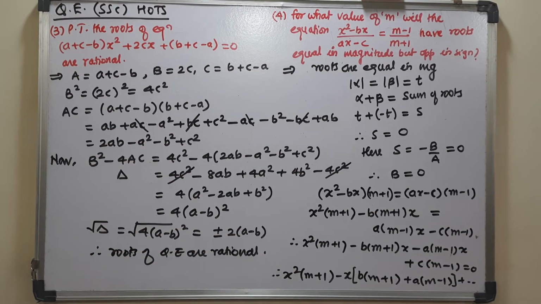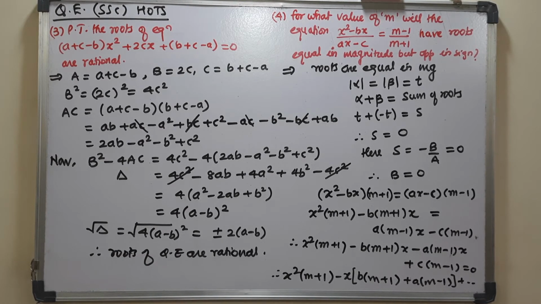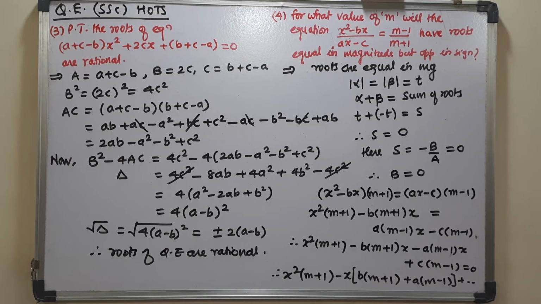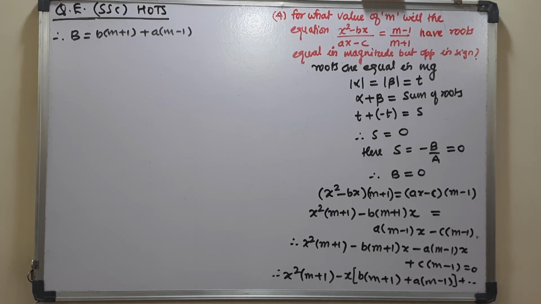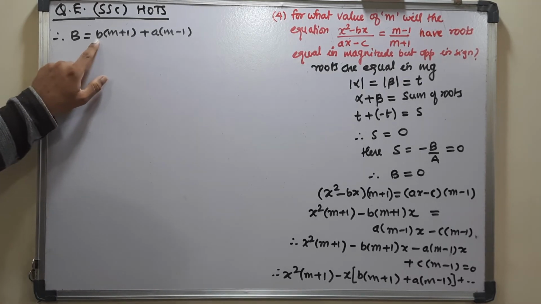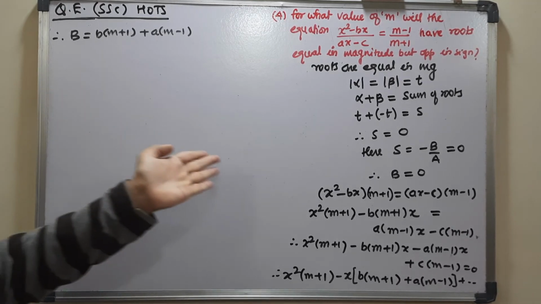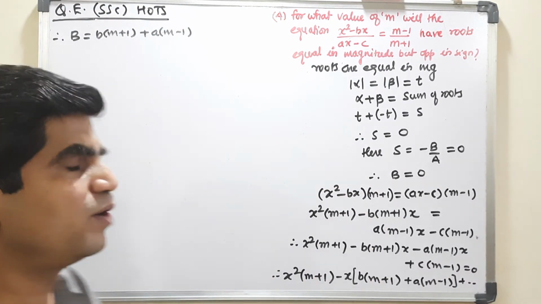So this particular equation has turned into the form of ax square plus bx plus c is equal to 0, and we are absolutely interested only in finding the value of b. So on comparison, the value of b that we will get is b into m plus 1 plus a into m minus 1. Actually it is minus over here, but since b is going to become 0, that minus is not going to matter too much.